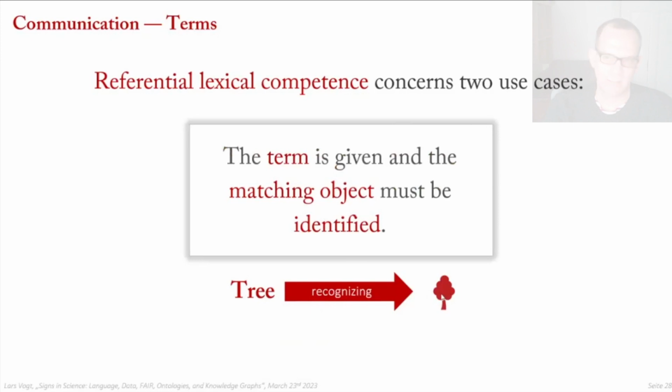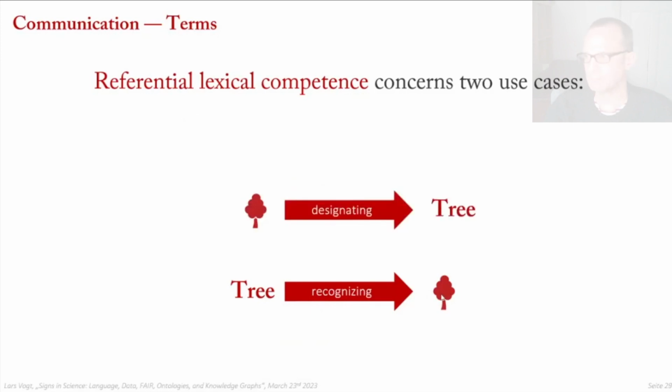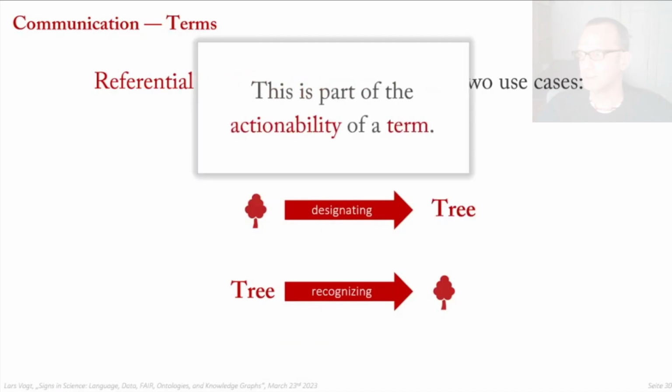That's then recognizing something. So that's something that we do on a daily basis all the time. And this is also part of the knowledge that you need to make a term actionable for you. If you know how to designate and how to recognize, then you can use the term, it's actionable for you.